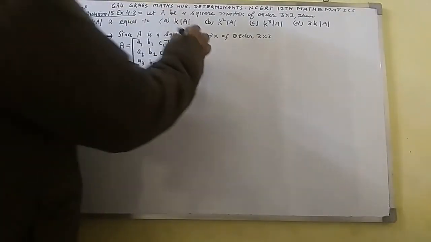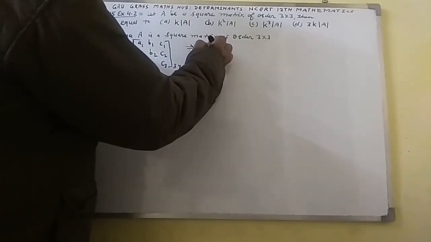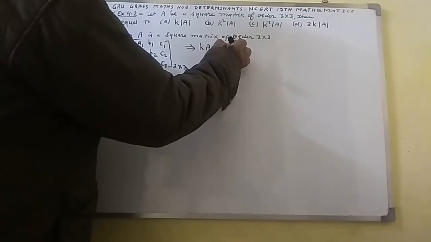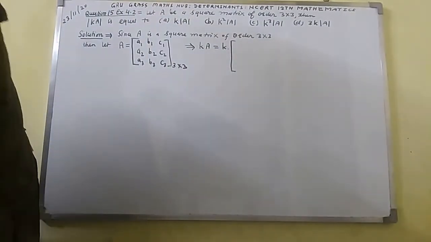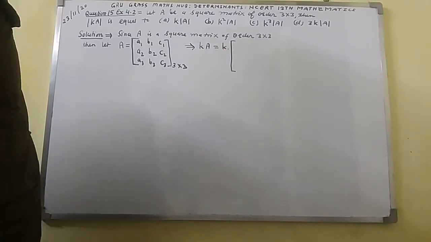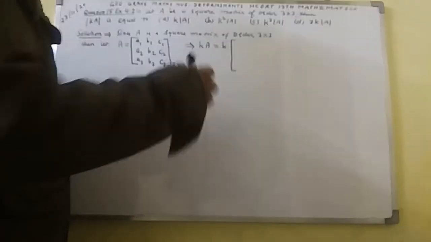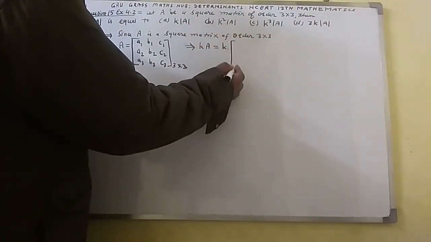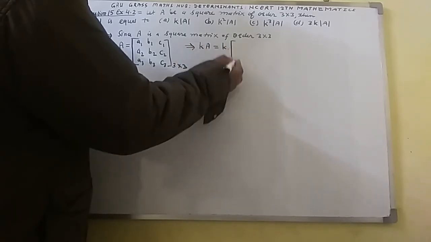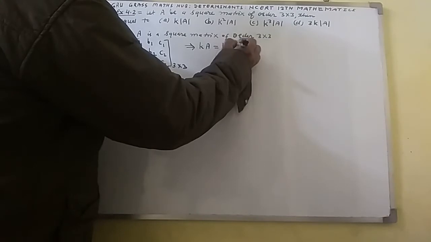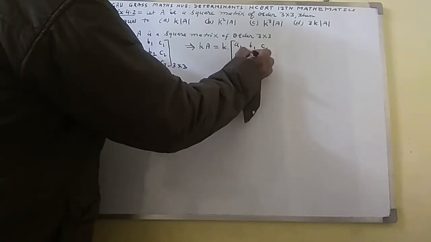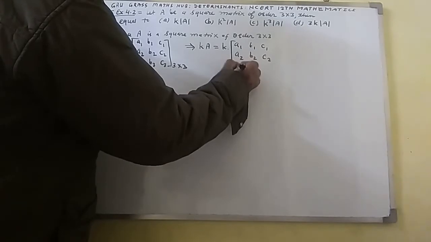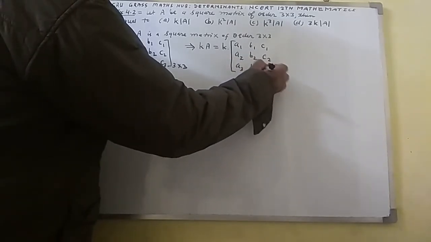Then I can write kA, which means small k times the matrix A. The elements of first row A1, B1, C1, the elements of second row A2, B2, C2, the elements of third row A3, B3, C3.